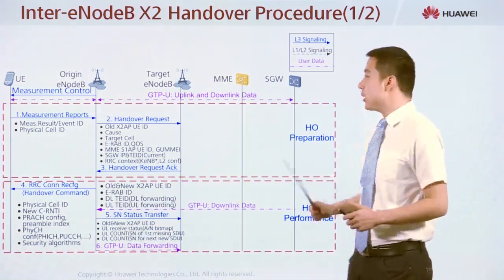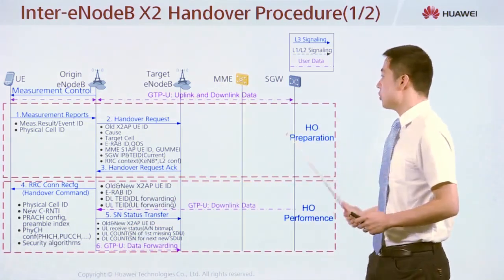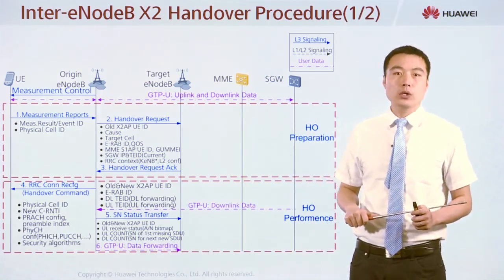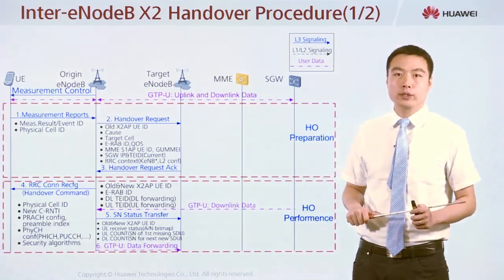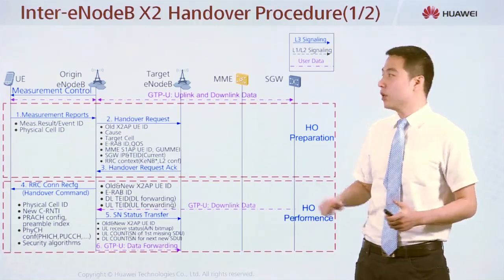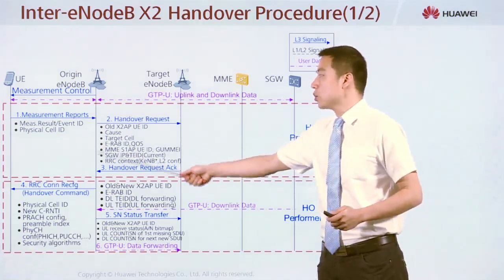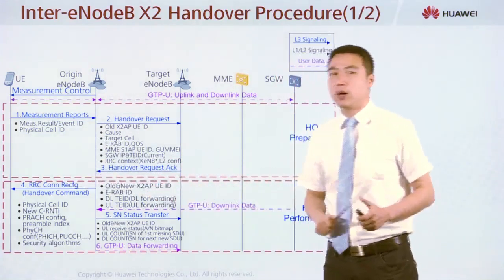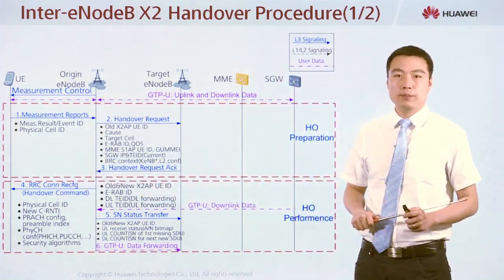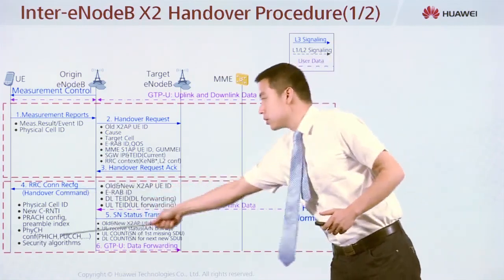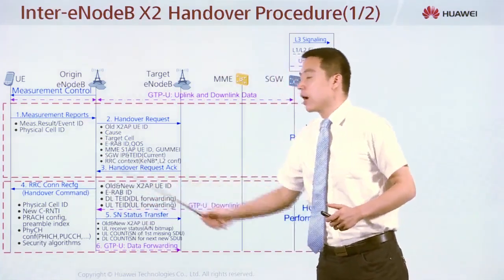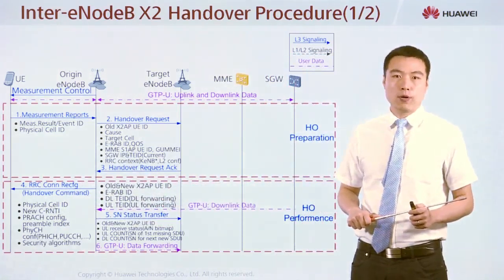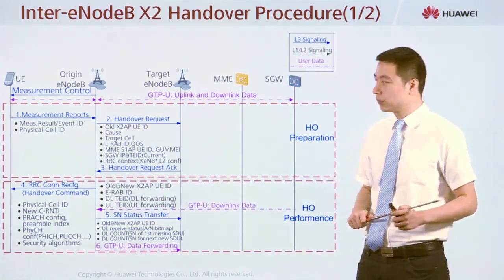Because during the handover preparation procedures, the target eNodeB will check the remaining resource. Also, the target eNodeB will forward the target cell's information to the source eNodeB, and the source eNodeB will send this message to the UE through the handover command. These parameters related to the target cell and the target eNodeB are very important for the UE when it performs the handover procedures.